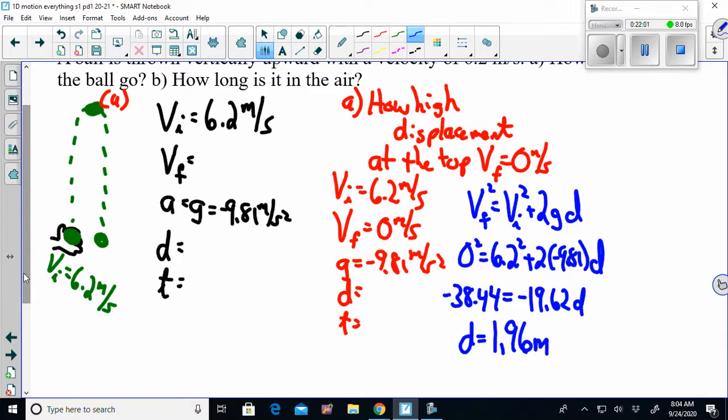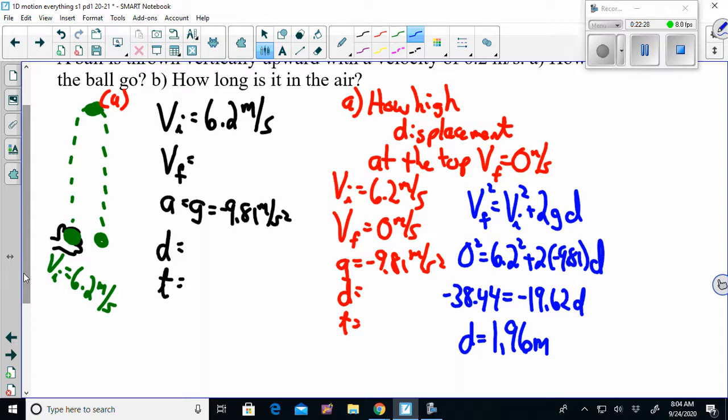So if I toss an object up with an initial velocity of 6.2 meters per second, it's going to go up about 2 meters, 1.96 meters, and it starts to come back down. But I had to use the fact that at the very top, the final velocity becomes 0 just for a brief second. Okay.